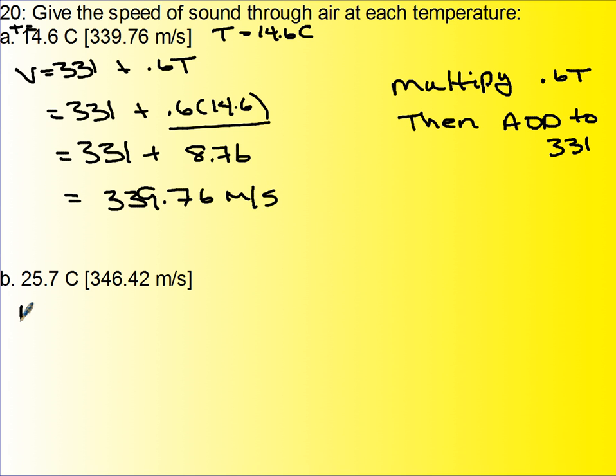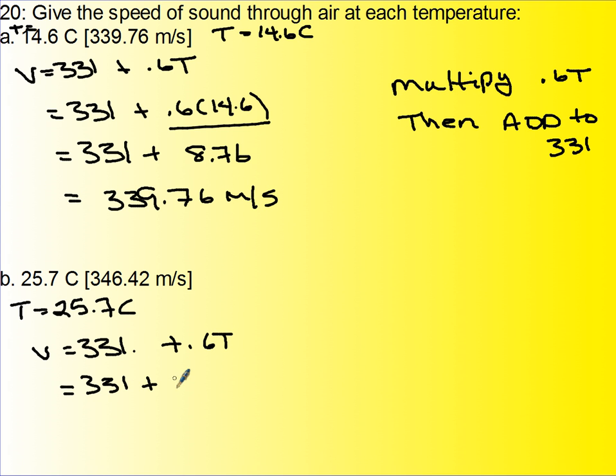For this one, the temperature is 25.7 C. So the speed is 331 plus 0.6 T. That's your formula, so now you're going to plug in 331 plus 0.6 times 25.7. Remember your first step?